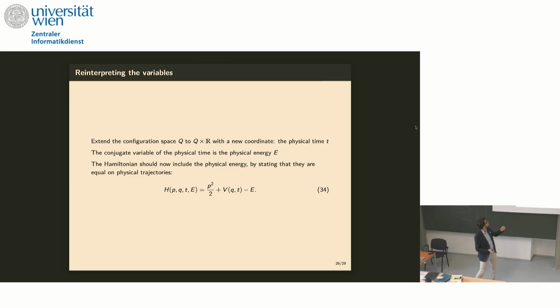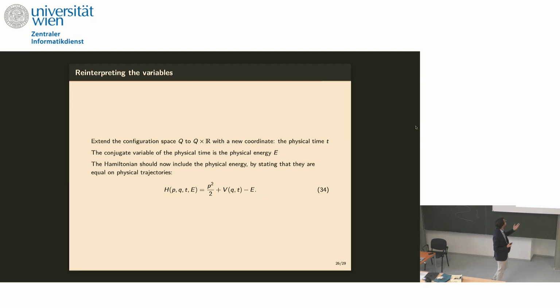In the configuration space, you will add a new coordinate for time, which will no longer be the geometric time. So there is a physical time, which is a coordinate, and there is a geometrical length, which is no longer a priori the same as the physical time. If you do that, you get in the phase space a second dimension that physically you want to interpret as energy, the conjugate variable of time.